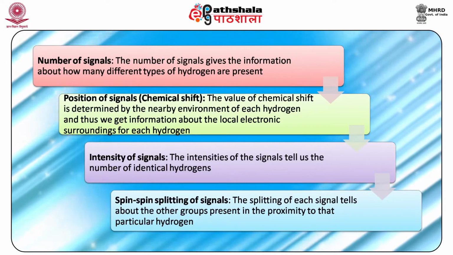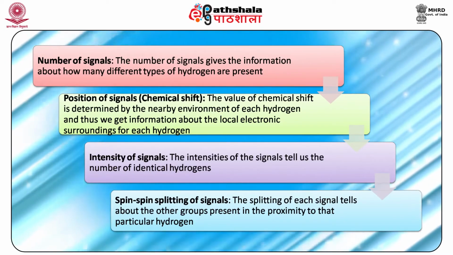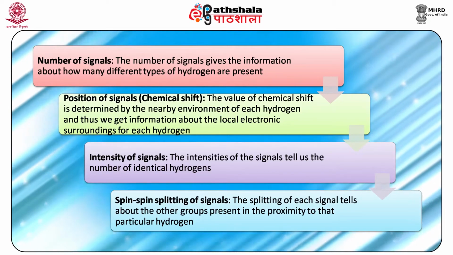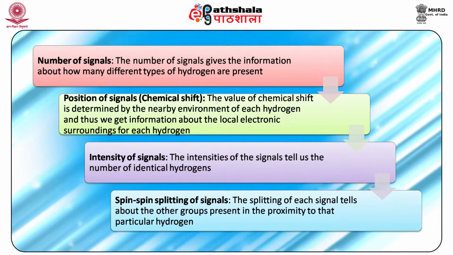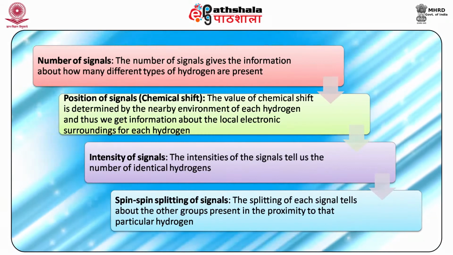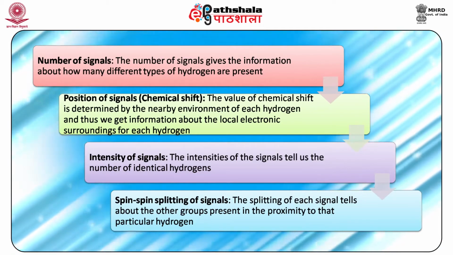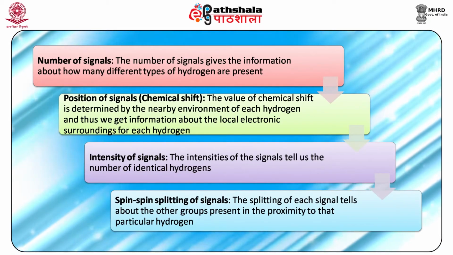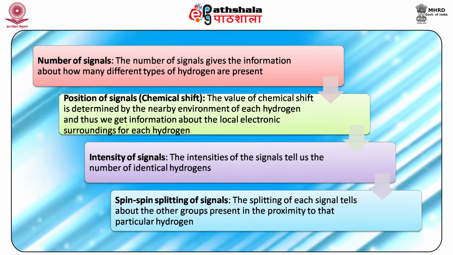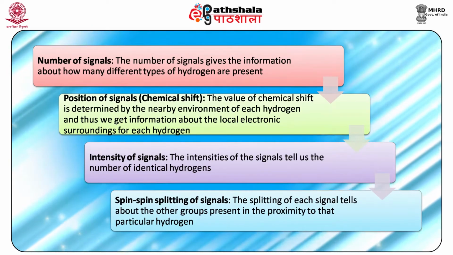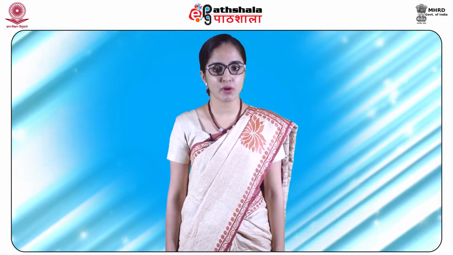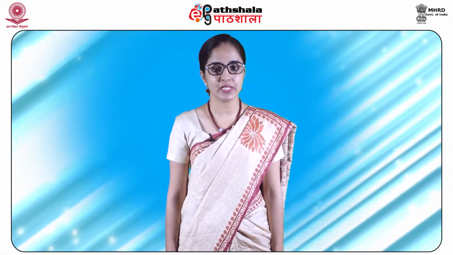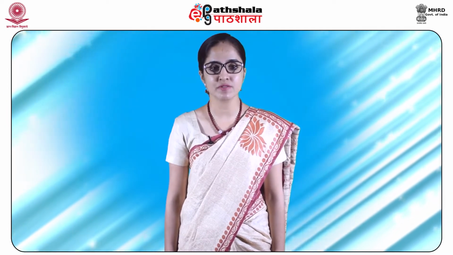The intensities of signals tell us the number of identical hydrogens present in the particular molecule. Spin-spin splitting of signals. The splitting of each signal tells about the other groups present in the proximity to that of a particular hydrogen.